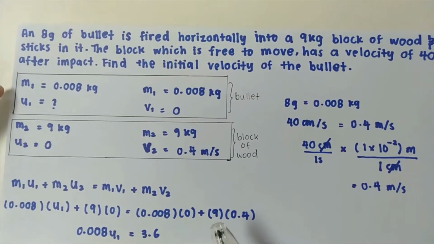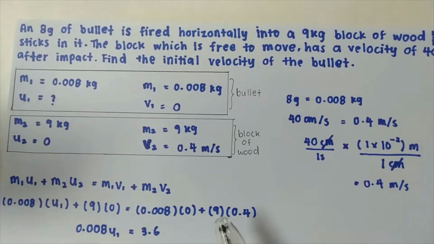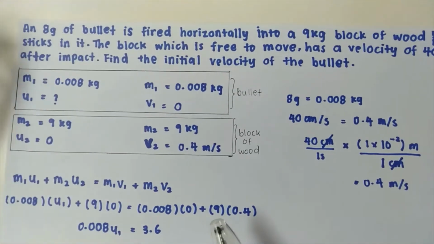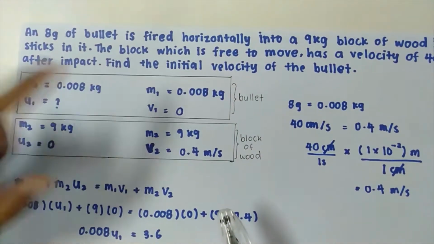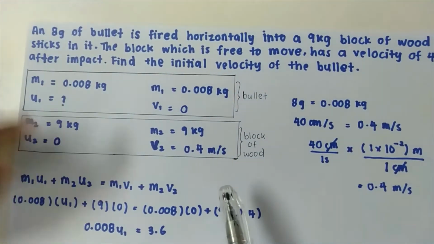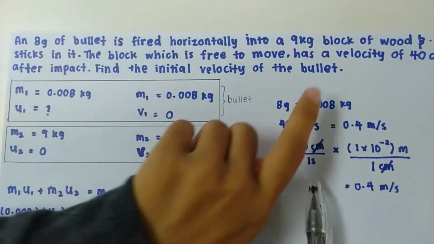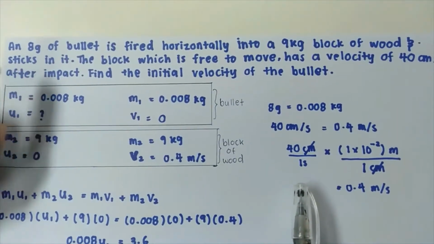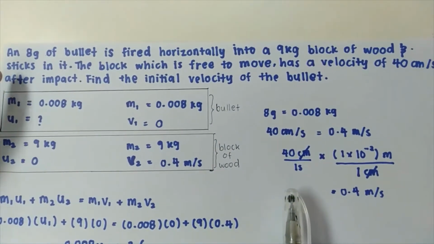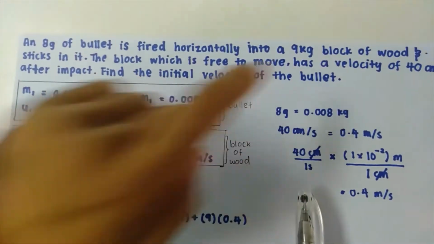And U1 we still don't know, and that's the question. M1 the same mass, and V1 we know it is 0 because the question said that the bullet sticks in the block of wood.